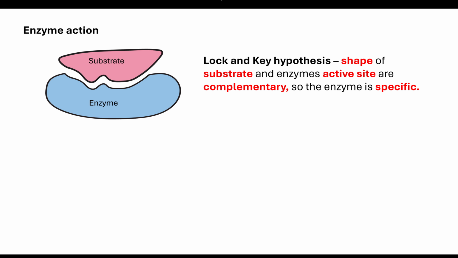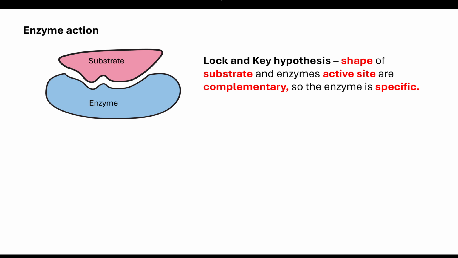So the part of the enzyme where the substrate is going to bind is known as the active site. So therefore, with the lock and key hypothesis, what we're saying is the enzyme is very specific because the shape of the active site is complementary to the substrate. They fit together like a lock and a key.